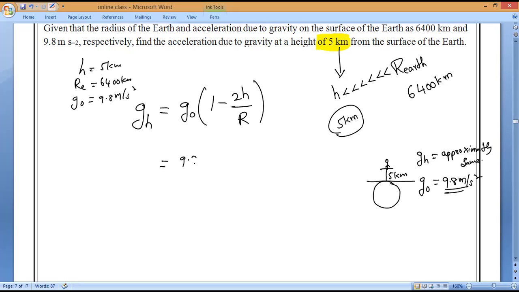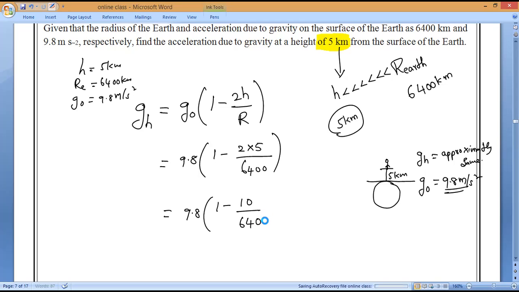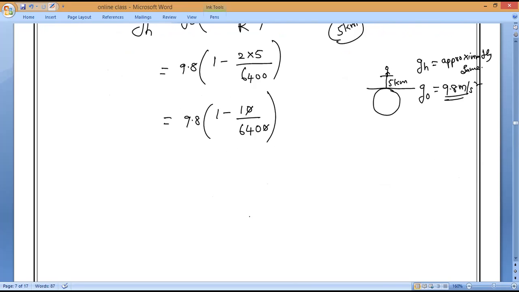So g is equal to 9.8 into 1 minus 2 into height, 5, divided by R, 6,400. So 9.8 into 1 minus 2 times 5, which is 10, divided by 6,400. The zeros get cancelled, so I get 9.8 into 1 minus 1 divided by 640.